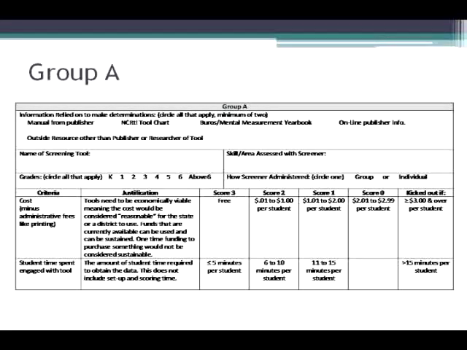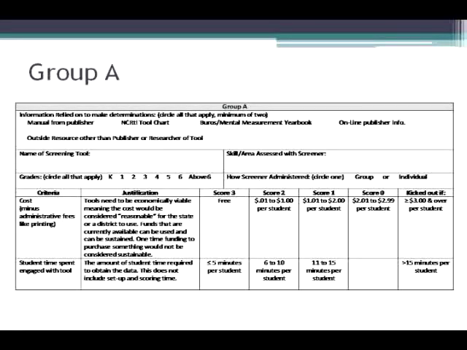It was considered assumed. So the cost rating here is only for either ongoing or one-time fees that would be charged in order to gain access to the tools, not the actual administration of the tools. It's only the outlay for usage.